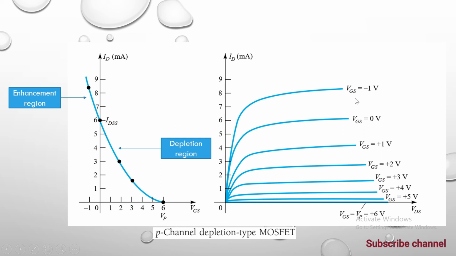When we decrease the voltage towards negative values, the current increases, and there are two types of region: the enhancement region here and the depletion region here.